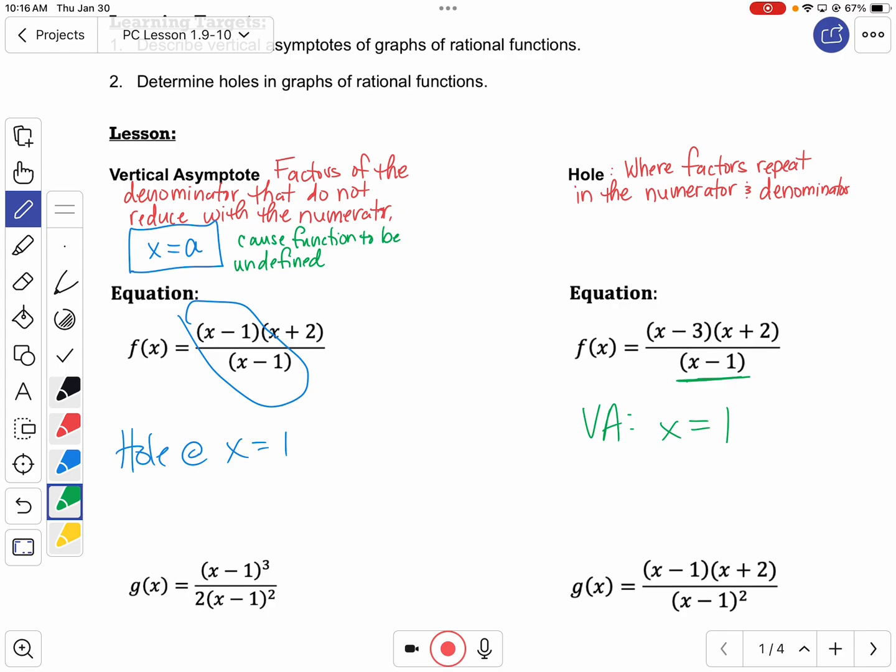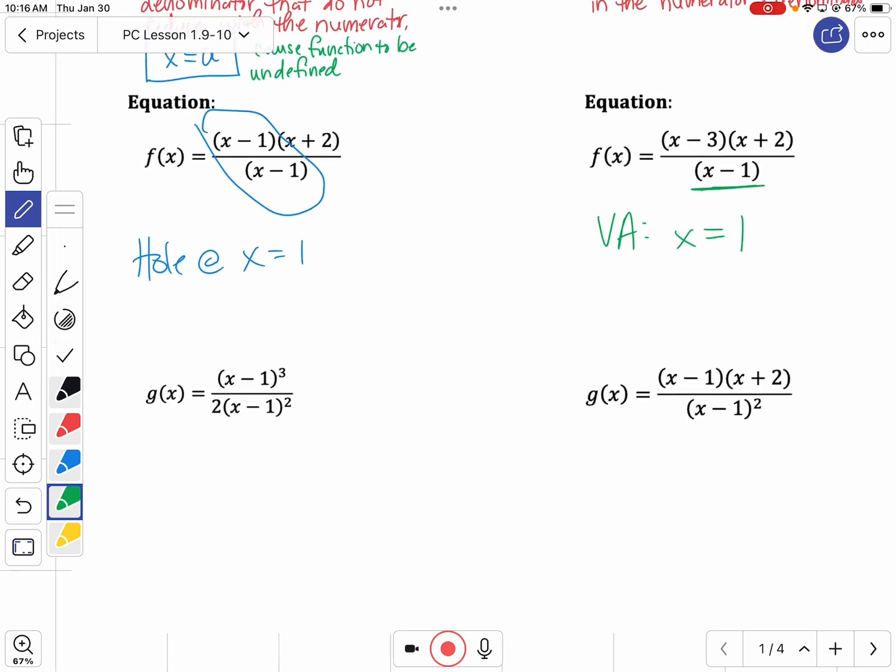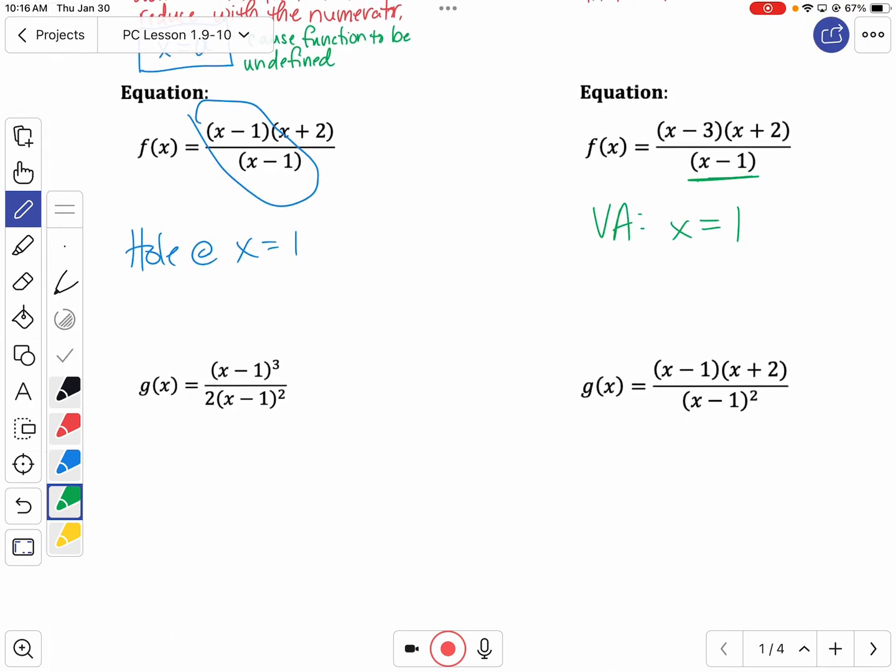Now the next two are really interesting, I think, because we've got to do some reducing to figure out what situation we have. Okay, so let's look. I have x minus 1 cubed, and on the bottom I have x minus 1 squared. If we reduced those two terms, what would happen? If I have something cubed on the top and something squared on the bottom, I get left with just one of those in the numerator, right?